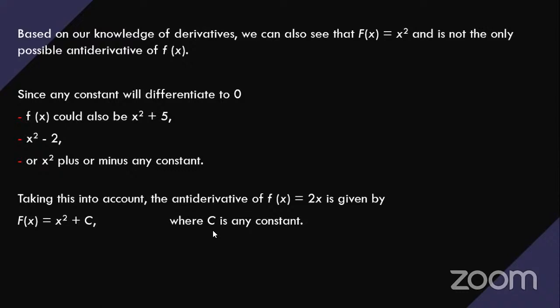Taking this into account, the antiderivative of f of x equals 2x is given by capital F of x equals x squared plus c, where c can be any constant.